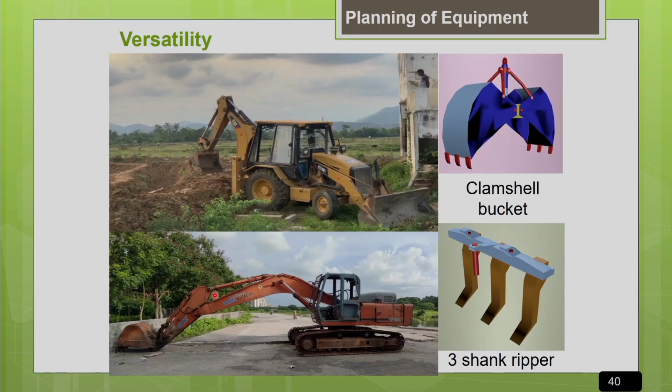So far we have discussed different factors which affect the equipment selection process. So I will just summarize. From this discussion, we know that the important factors which affect equipment selection are the productivity and the cost associated with the machine, and you have to look into the contract specifications to know the actual job productivity requirement.